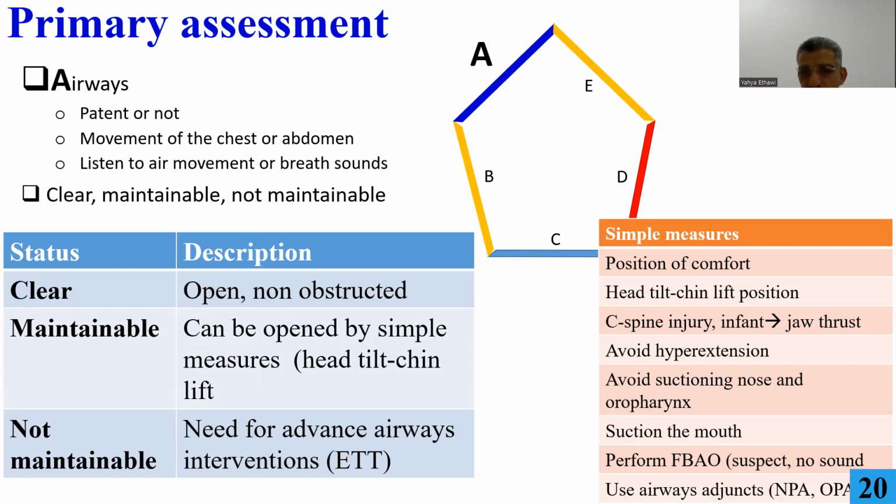Avoid hyperextension. Avoid suctioning. There is no need for suction during resuscitation, neither in newborn babies nor in adults. The suctioning is harmful. It's not part of resuscitation. Why is it harmful? Because of the following. First, it takes loss of time.